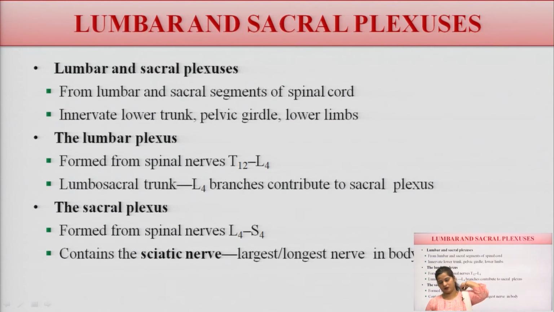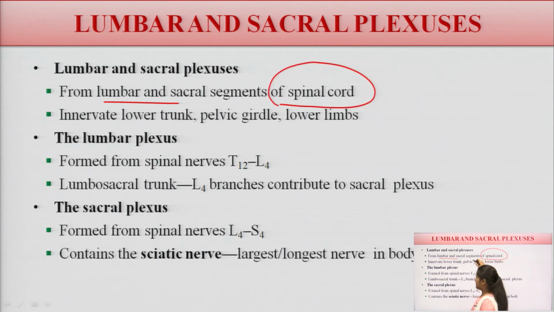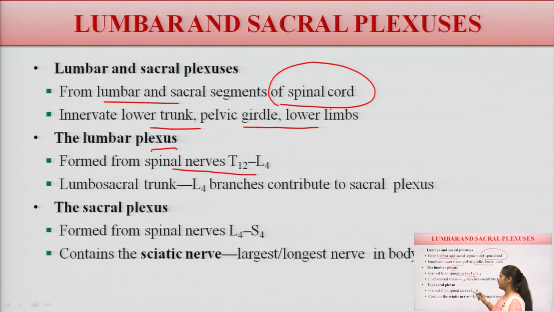Now lumbar and the sacral plexus. So in the lumbar plexus or the sacral plexus, so the lumbar and the sacral segments, it is the lumbar, sacral. So now the name shows that there are two segments. Okay, so there is a lumbosacral trunk, pelvic girdle or lower girdle. So lumbar plexus is formed with the help of T12 to L4.